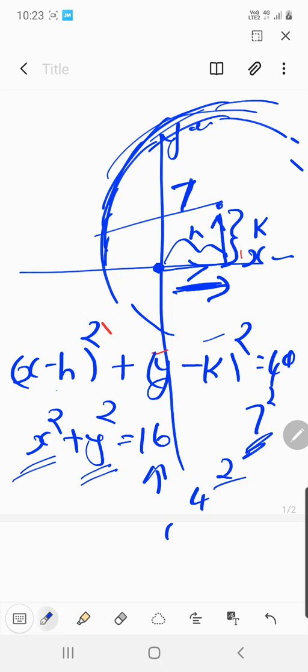Yeah, it's a bit of a complication, probably because of the squares.